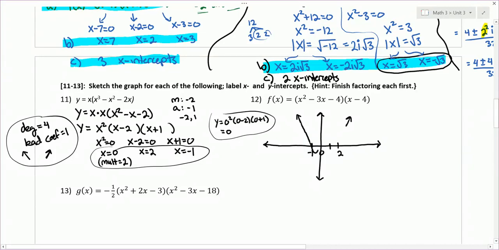Then I'm going to come back up to the next x-intercept at 0, which has a multiplicity of 2, so it's got to bounce back from the x-intercept, come back down, and then come back up to the next x-intercept, which is 2, and we're going to pass through because it's an odd multiplicity. And so the end behavior we see is pointing up. We see it's hitting our x and y-intercepts the way we want, and that's our answer.